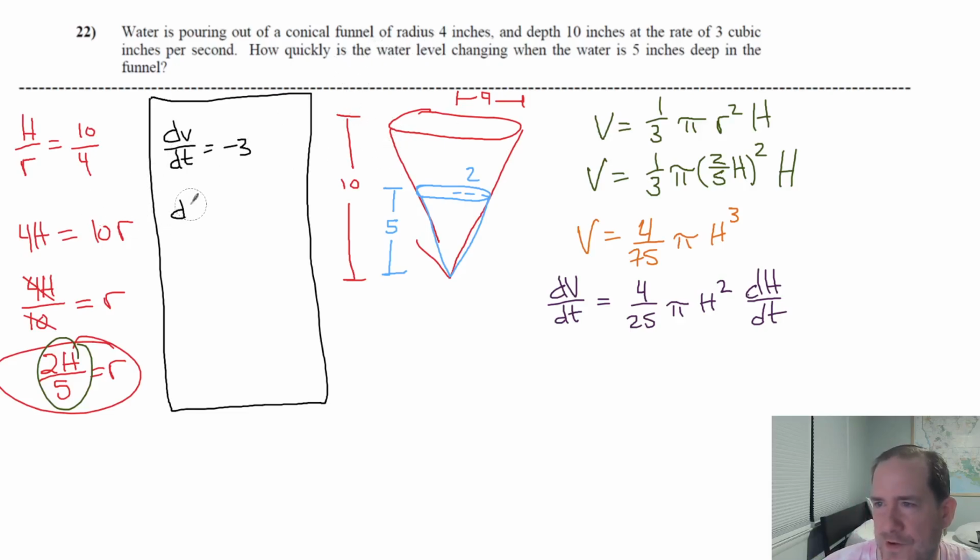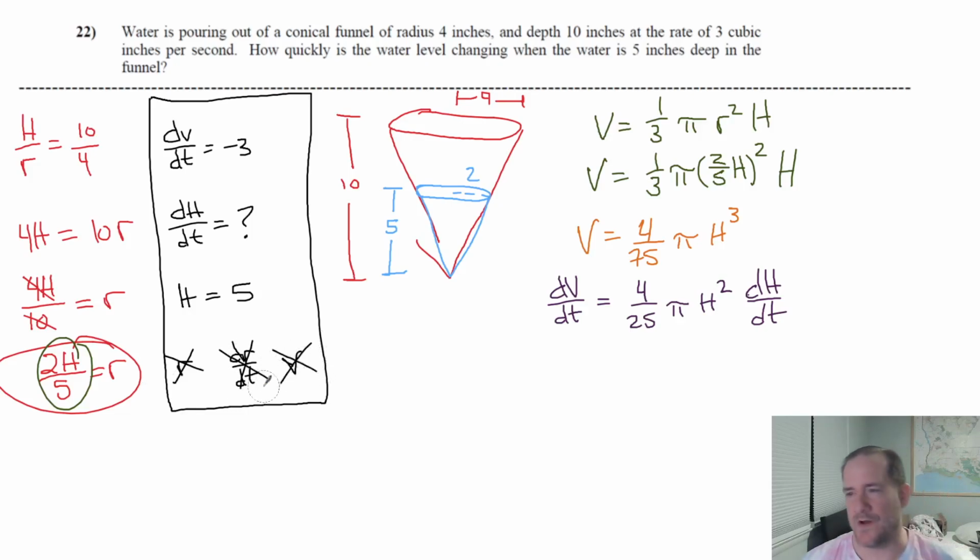That means again we're looking for dH/dt. So that guy's our big old question mark. And it says when the water is 5 inches deep. That's them telling us that the height is 5. And again, r, we don't care. And dr/dt, we don't care. And even the volume, we don't care. All of those unknowns don't really matter to us because of how we set up our equation.